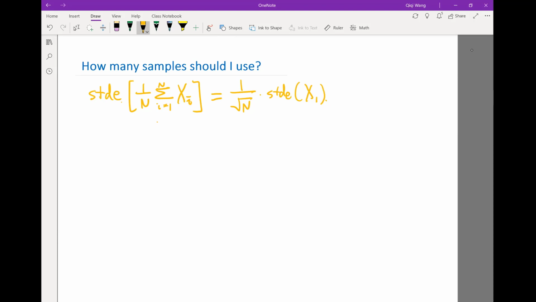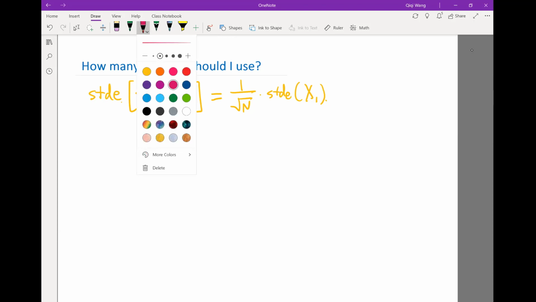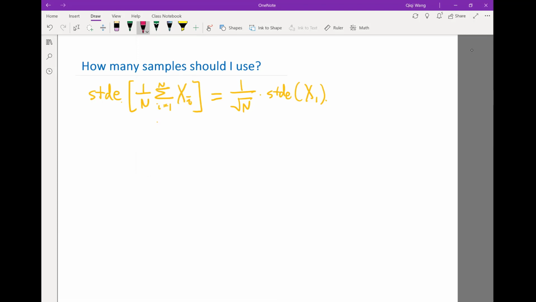All right. So this is going to lead to a satisfactory answer to the question, how many samples do I need to use? It depends on how much error you are looking for. Remember our single sample, right? In our particular case, the standard error of a single estimate is equal to the square root of p times 1 minus p, right?